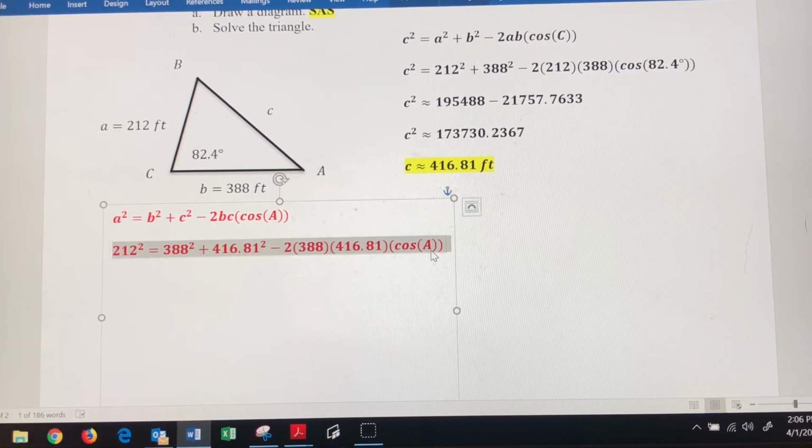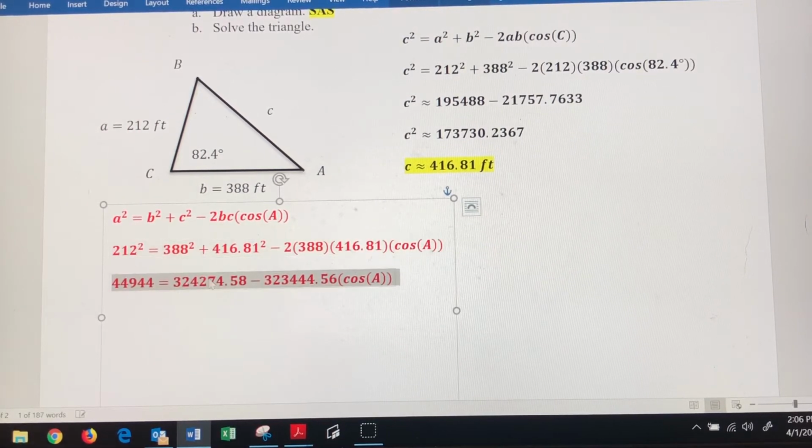I'm going to do a little cleanup here. When I square these two values and add them together, I get 324,274.58. Over here on the left side, I squared 212 and got 44,944. I'm going to multiply these three values together. That's going to be the coefficient of cosine of A, and that gives me a negative 323,444.56 times cosine of A. Don't let order of operations trip you up here.